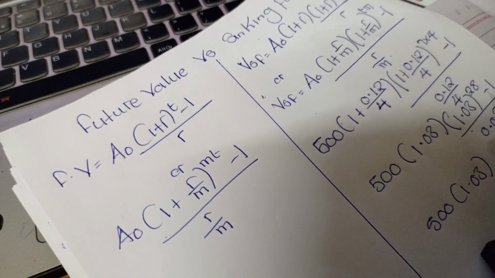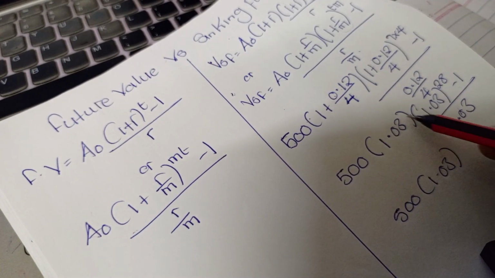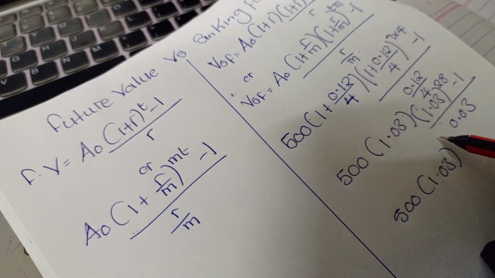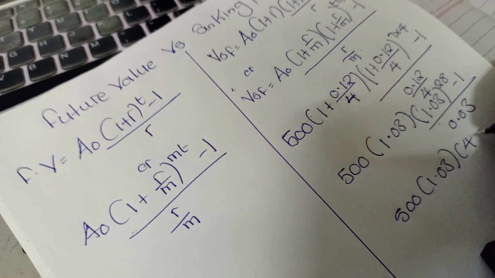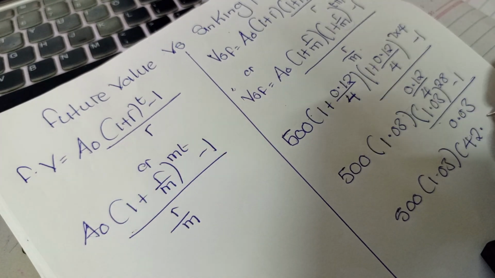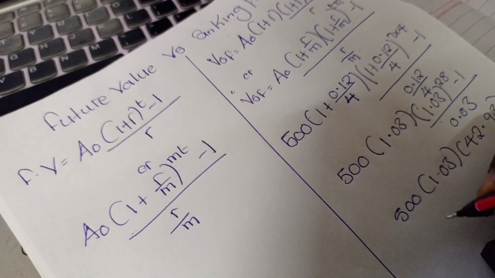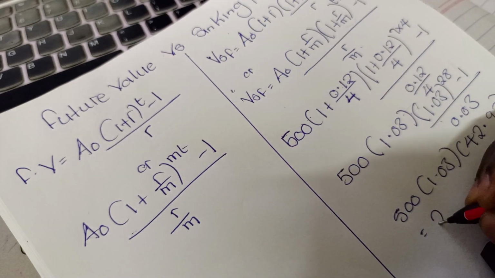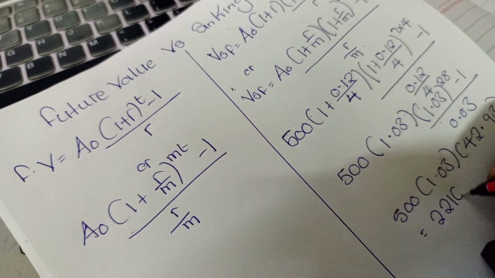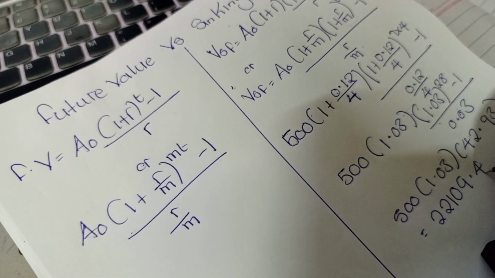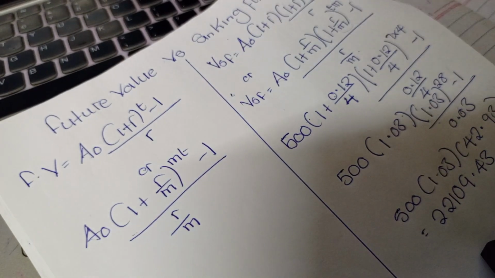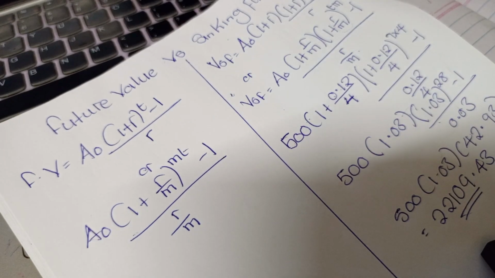Then if you punch on your calculator this part, it will give you 42.93. Then from here you can just go directly by punching on your calculator and you will find your answer to be 22,109.43. So this is the value for the sinking fund.